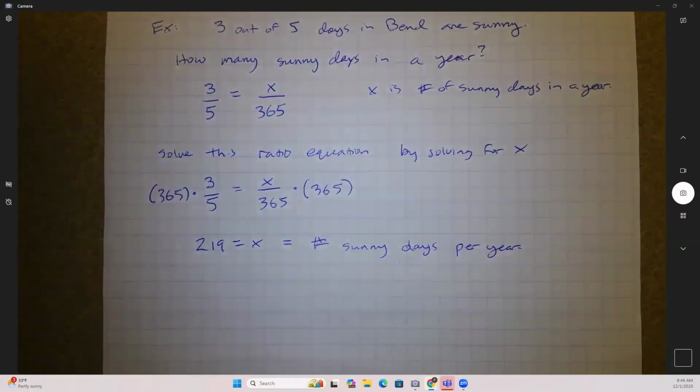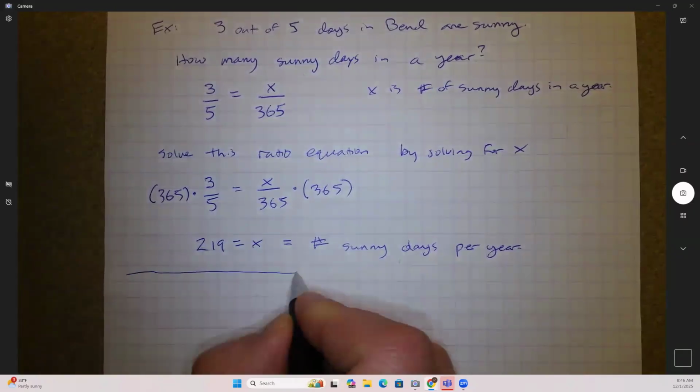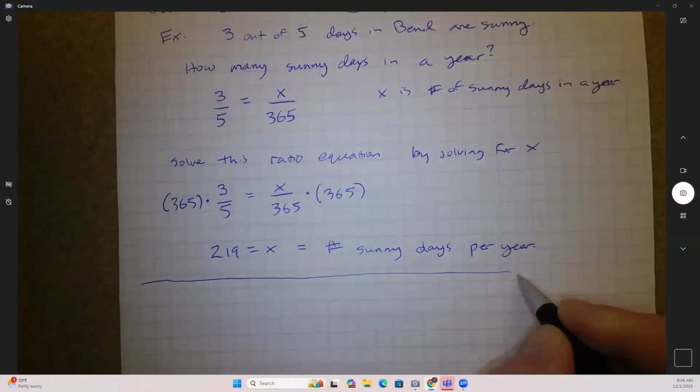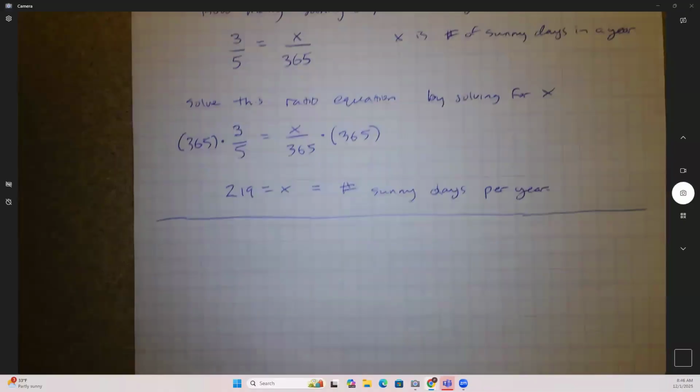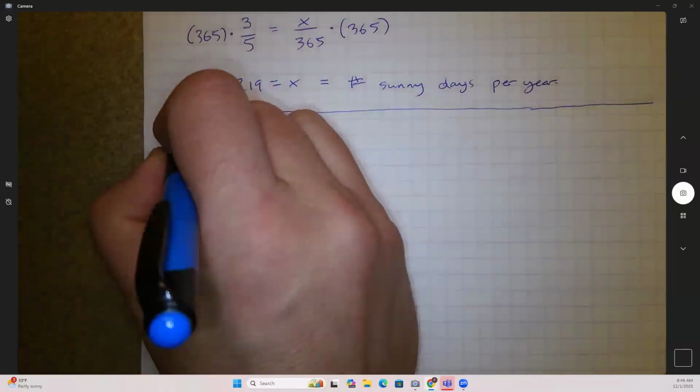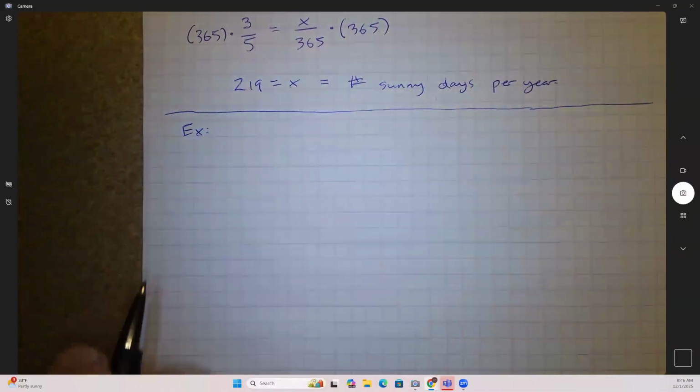And that's the simplest ratio equation we might solve. And we could build more complicated ones with clever examples, but I'm just going to show you a couple purely numerical ones.